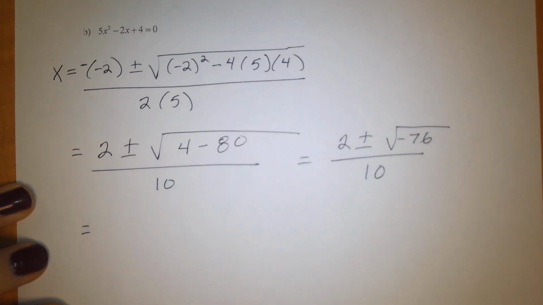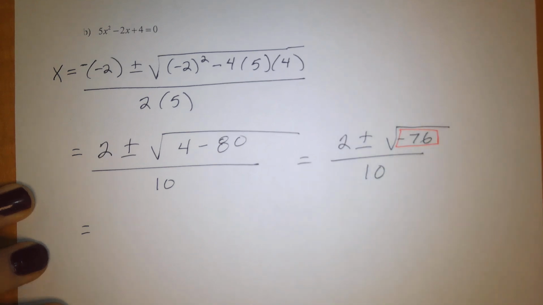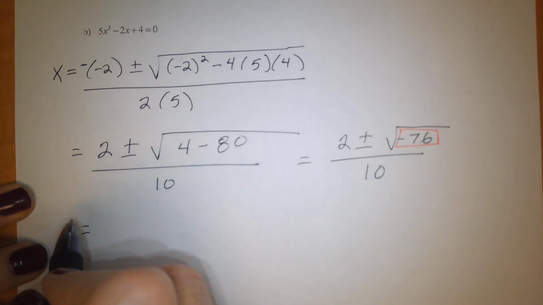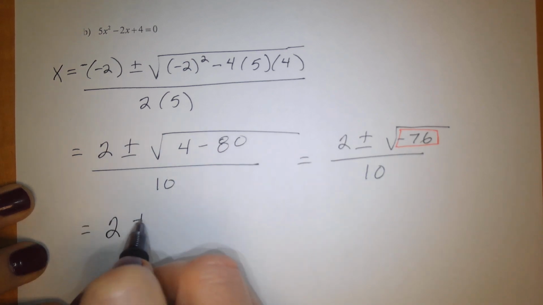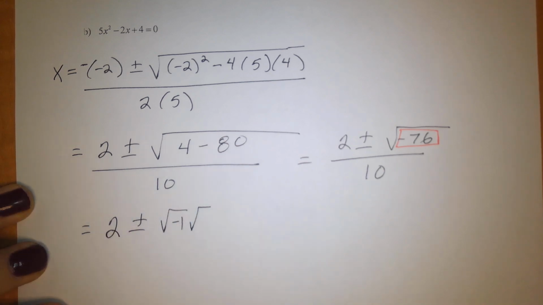So since the discriminant is negative, that means we'll have two complex solutions. So we're going to have to solve for those two complex answers. So let's simplify. 76 can be broken down into two numbers that multiply together to make 76.